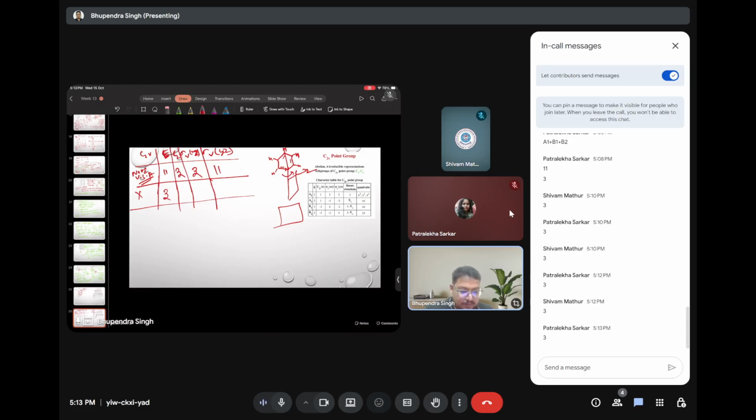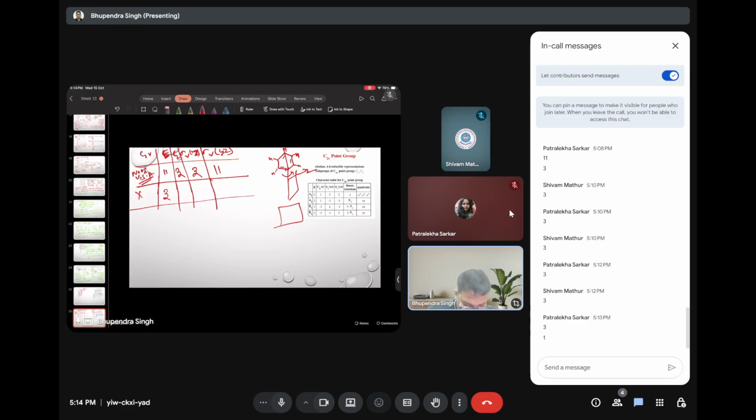Anyway, character for C2. How to find the character?